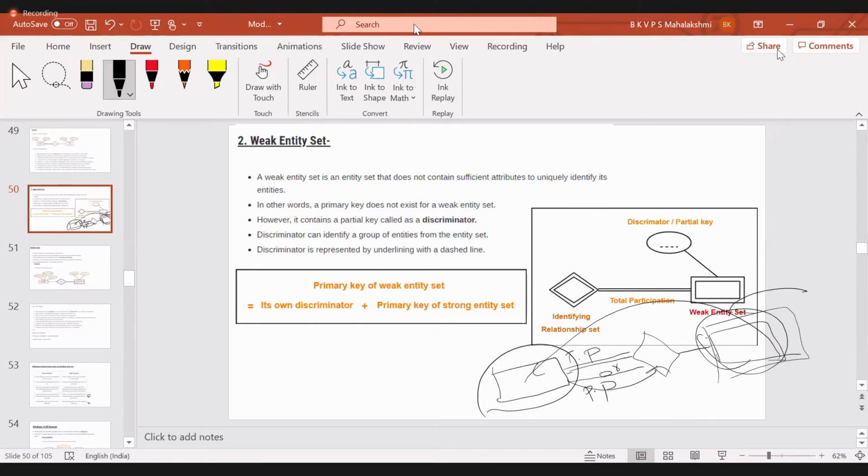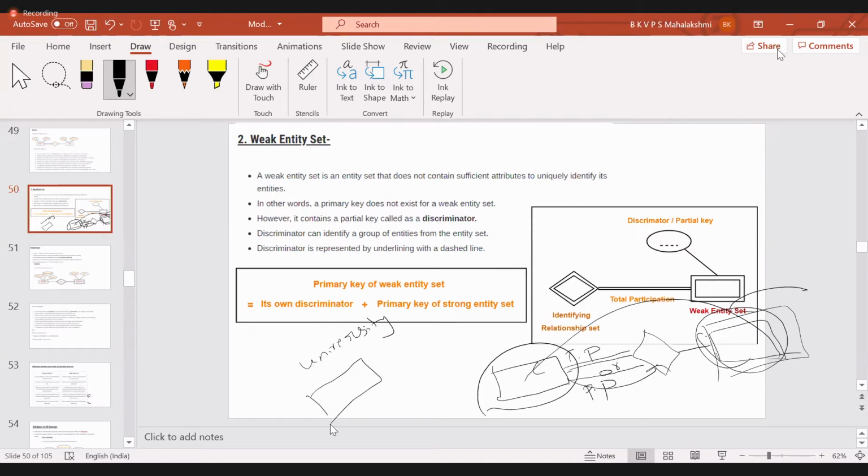Suppose in a university, for example, there is an entity student, and let us take grades. Student has a primary key, but grades don't have any primary key.